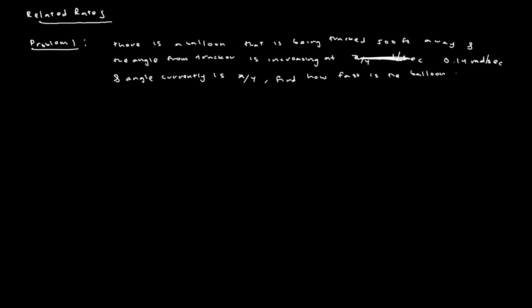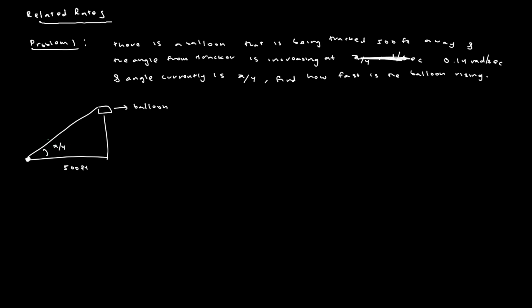So basically we're given that there's some balloon, and this balloon is being tracked at a distance of 500 feet away horizontally by this tracker, and the current angle to that balloon is pi over 4 radians.